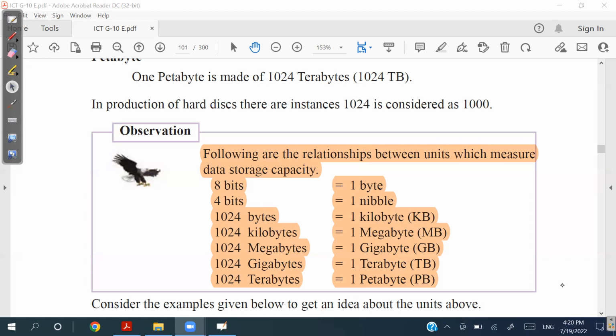Then, after petabyte, there is something called exabyte, as I remember. Yeah. Tera, peta, and exa. Let me search it and see, since you are asking.